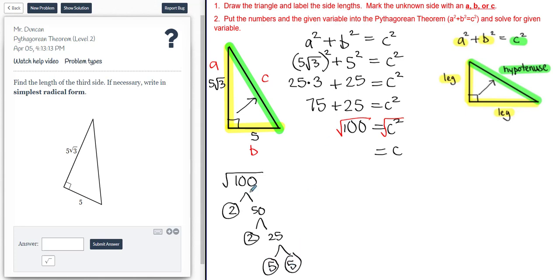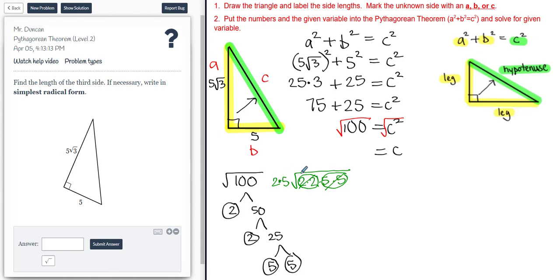So now I'm going to take all those prime numbers and put them underneath the square root symbol. So I would have 2 times 2 times 5 times 5. I have a pair of 2's. I'm going to cross those off and I'll put a 2 on the outside. And then I've got a pair of 5's, but again, for every pair, you only mark 1 on the outside.